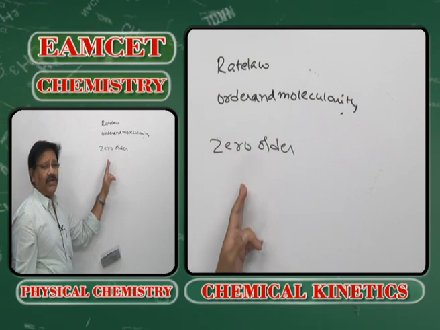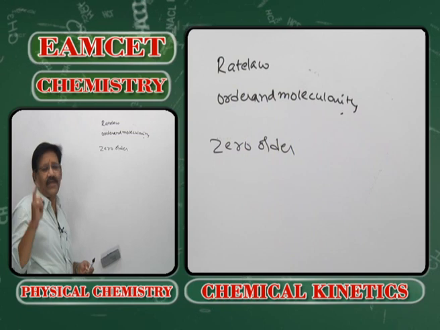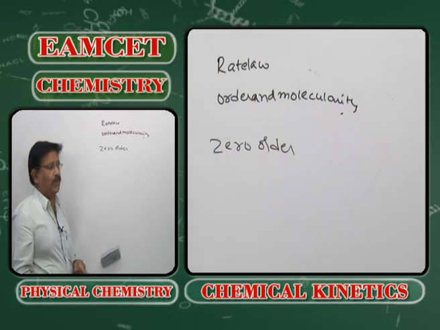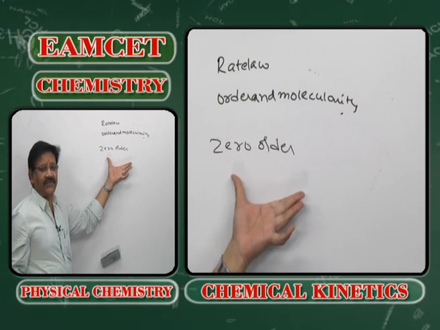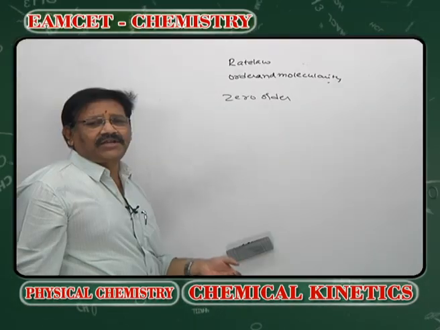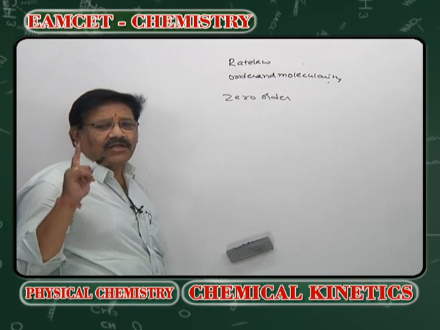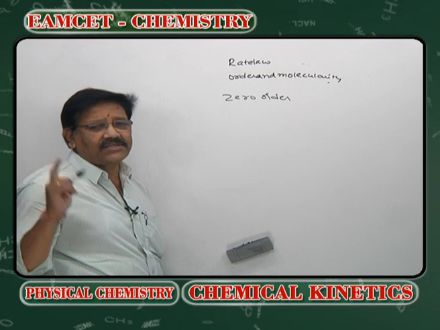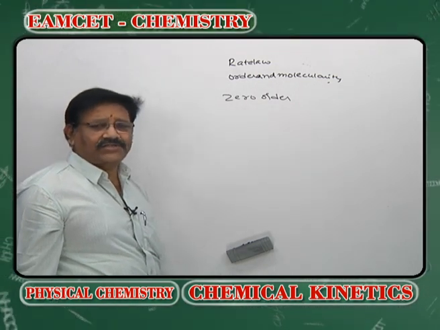If any reactant is taken in large excess, the order with respect to that reactant will become zero. Why? Because the concentration of such reactants will practically remain constant. Since when concentrations remain constant, the rate of the reaction also remains constant. So that is the character of the zero order reactions.